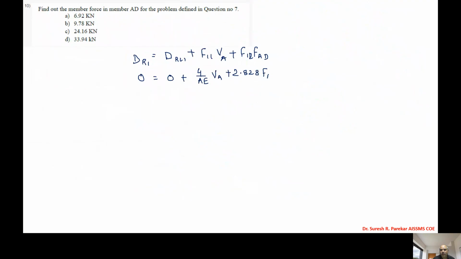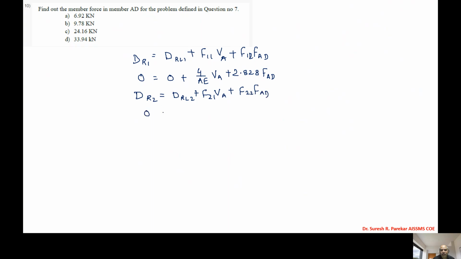And then we have the second equation, DR2 equal to DRL2 plus F21 into VA plus F22 into FAD.